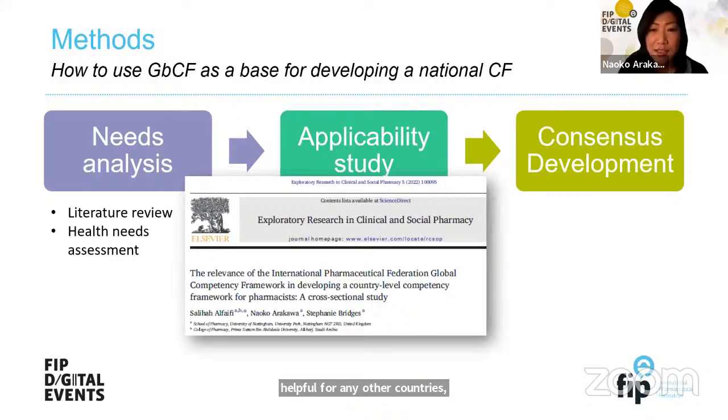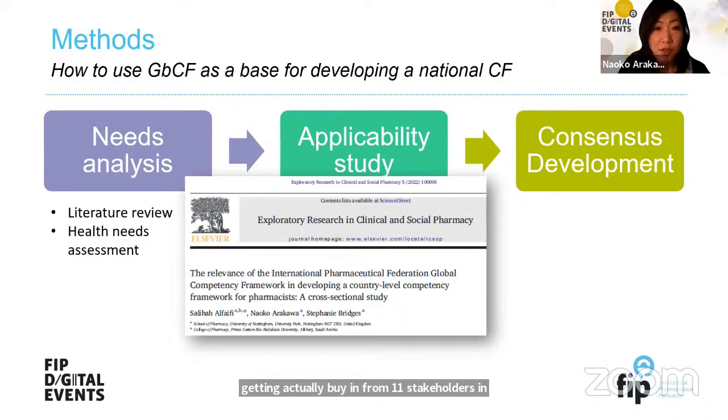Finally, we conducted consensus development on the National Pharmacy Competency Framework in both countries. Both used the nominal group technique in the consensus development method, which helps get buy-in from relevant stakeholders for future implementation.